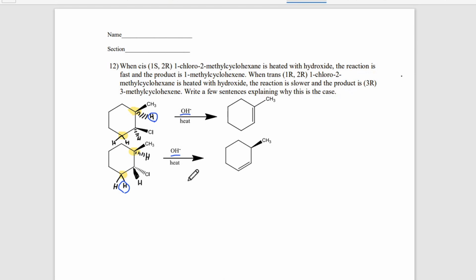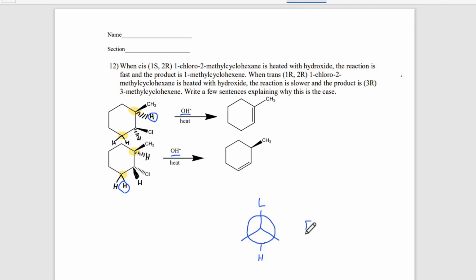This comes down to what's referred to as anti-periplanar position or anti-coplanar. Whenever you have elimination occur, if you were to draw a Newman projection, let's say the leaving group is up here and the hydrogen to be extracted has to be down here.